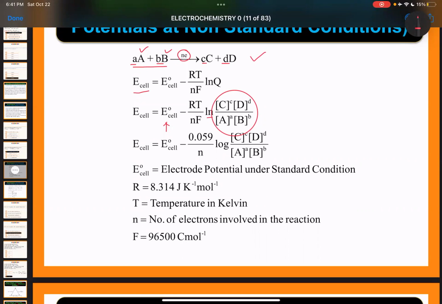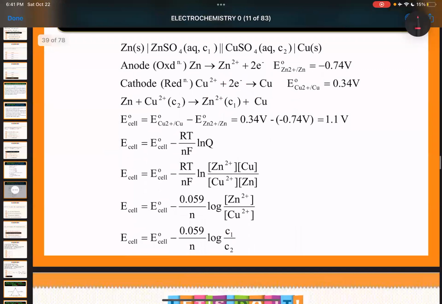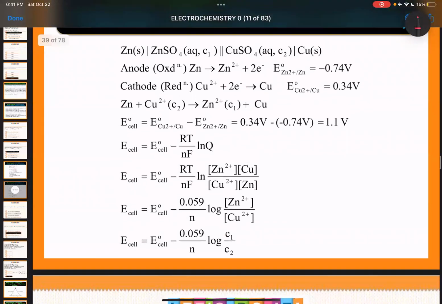But the concentrations which you have taken are not equilibrium concentrations. If you take equilibrium concentrations, it becomes the equilibrium constant K, right? So I hope this is clear to you.